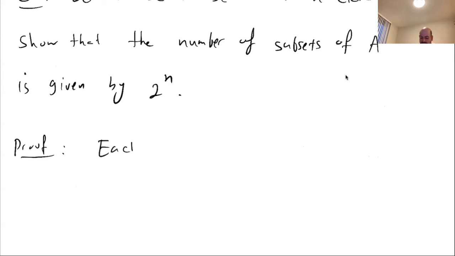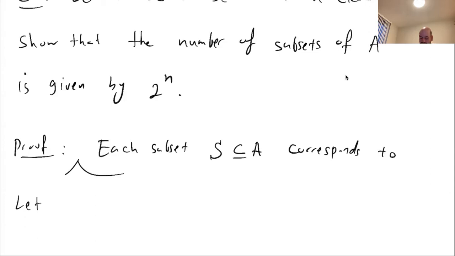Each subset, let's say S of A, corresponds to, so let's first of all choose a notation for A. So let's say A equals A1 to AN.